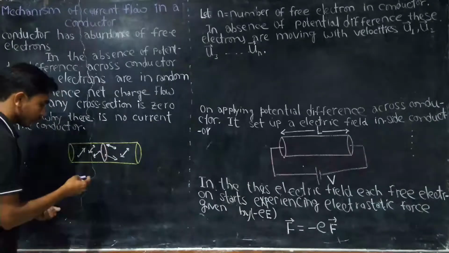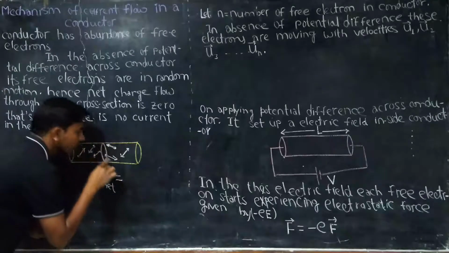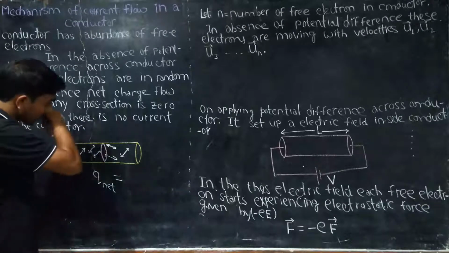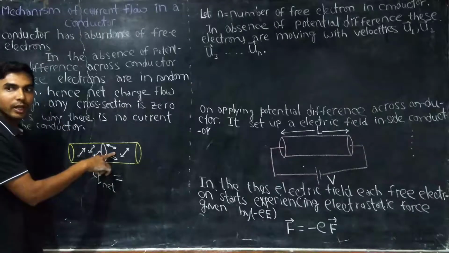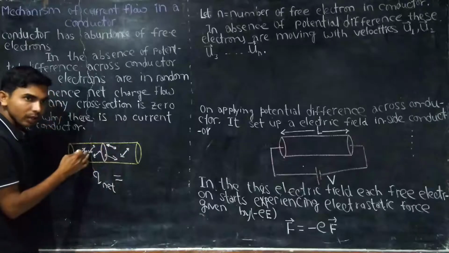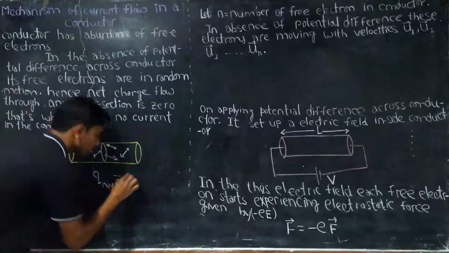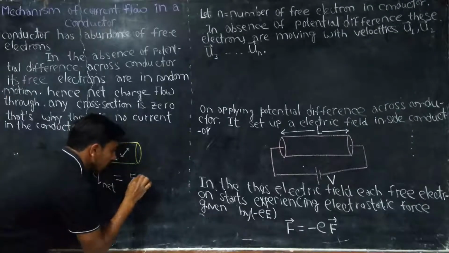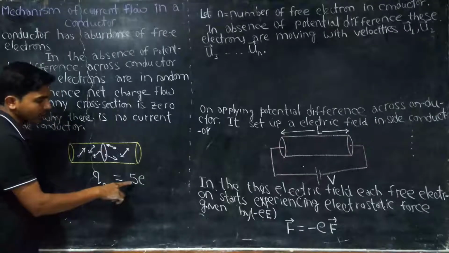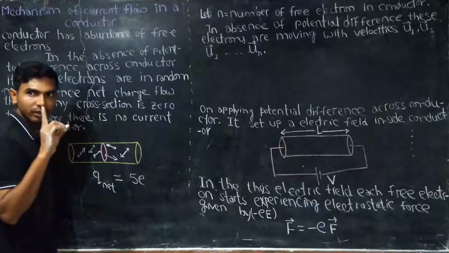Suppose I calculate the net charge, how much charge is crossing this area. As the electrons are in random motion, if 5 electrons come to this side, then 5 electrons will also go to that side. So I get charge 5e, because you know the charge on an electron is e.